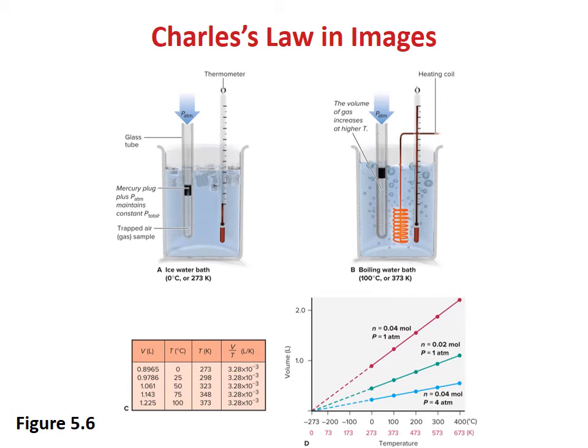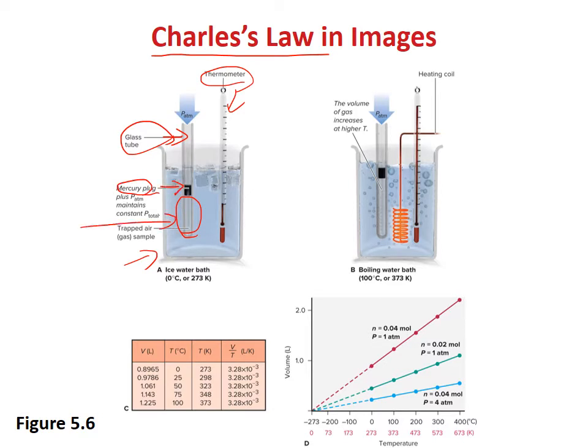Here shows a setup that can be used to confirm Charles's law. A water bath with a thermometer to measure temperature, a straight glass tube with some air trapped by a mercury plug. The pressure of this air is equal to this mercury plug height plus the atmospheric pressure.